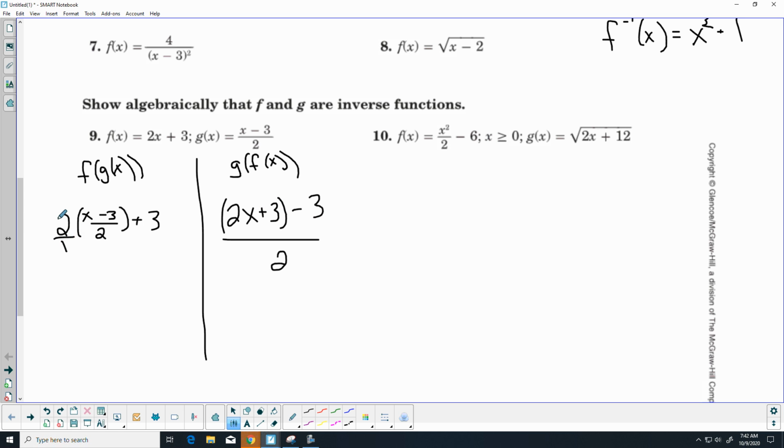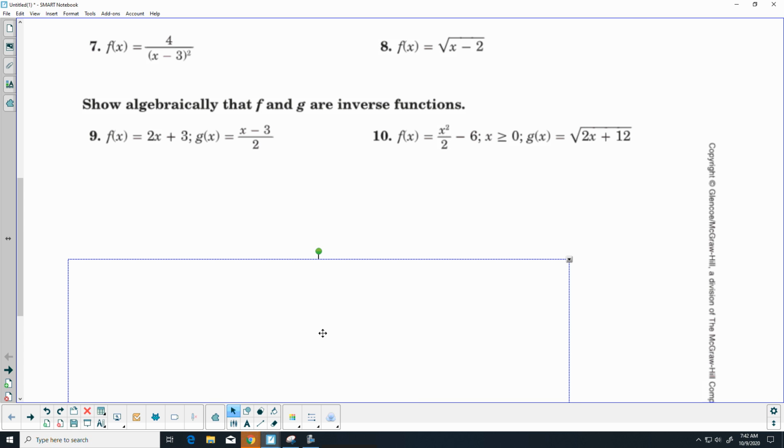Put that over 1. The 2's cancel. You get x minus 3 plus 3, which is just x. Here, 3 and negative 3 cancel, and you end up with 2x over 2, which is just x. So that works, and that works. I've just shown algebraically that they are inverses of each other.